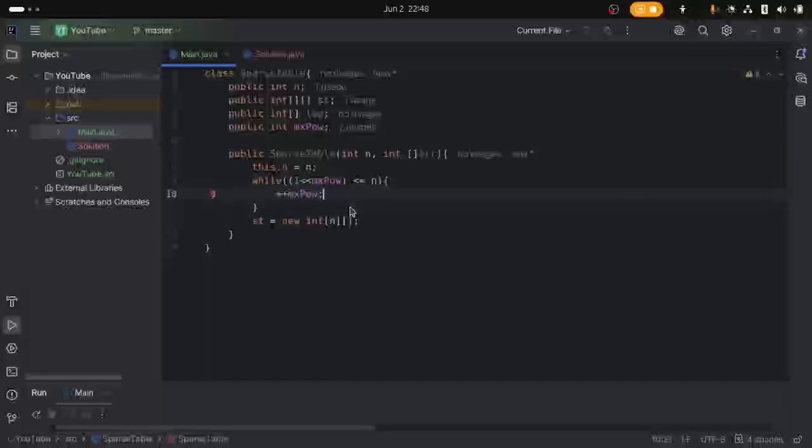Simple. So 1 left shift by max power is equivalent to writing 2 to the power max power.